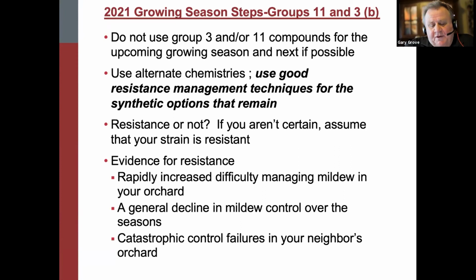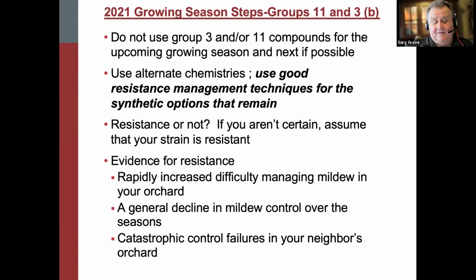So in terms of resistance, do you have it or not? If you aren't certain, but you've had some challenges managing mildew, I would assume that your strain is resistant. Some evidence for resistance: rapidly increased difficulty managing mildew in your orchard, a general decline in mildew control over the seasons.